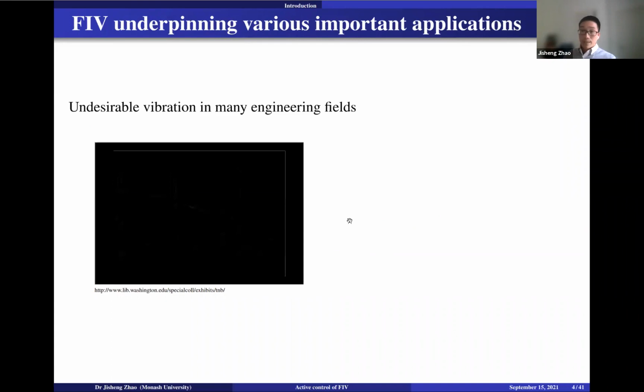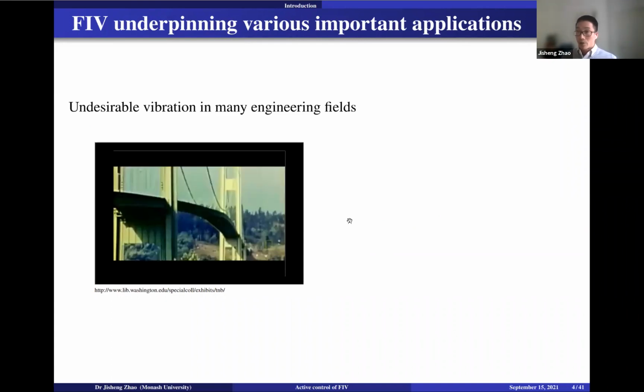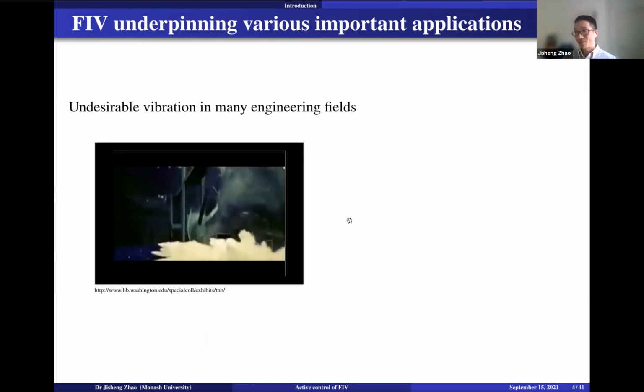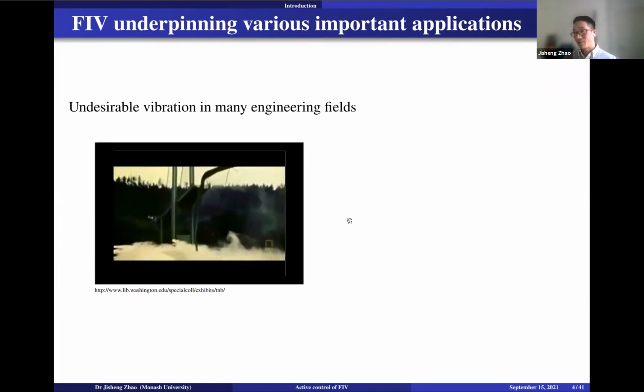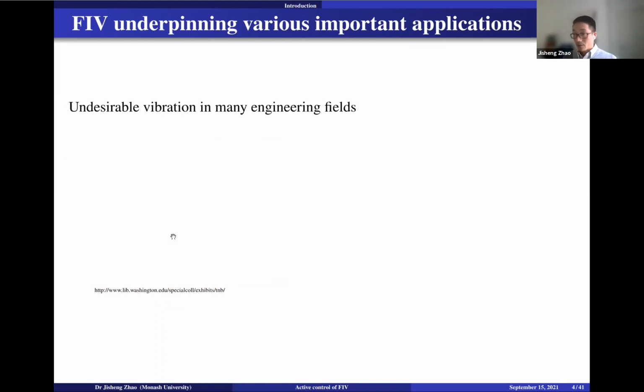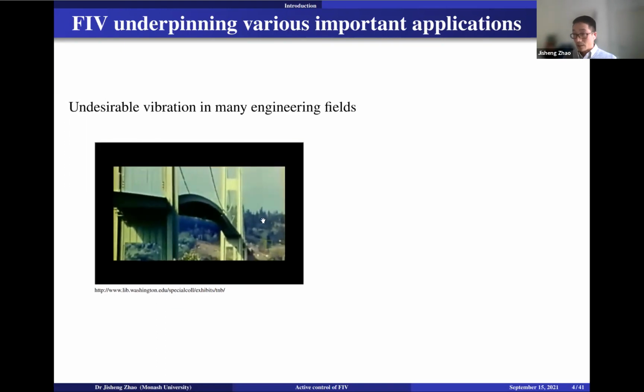All right, some background or motivations for our research. I'm sure you have seen this before; if not, this is quite a famous example of flow-induced vibration. We're looking at the Tacoma Narrows Bridge, which collapsed in 1941, just a few months after it was completed. If we pay a little attention to the background, you can see the wind on the day.